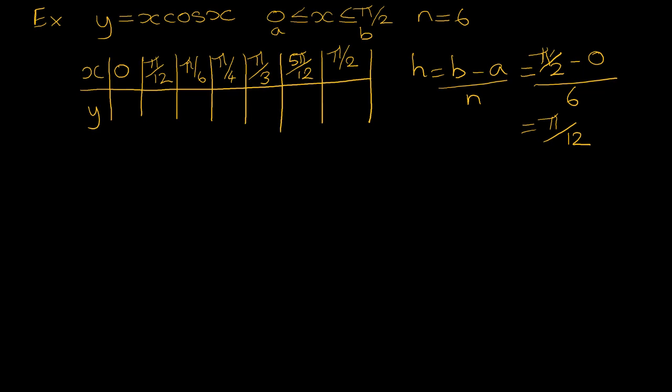So then what you need to do is substitute all those x values into the equation that we've been given up here for y to find out what values you get.